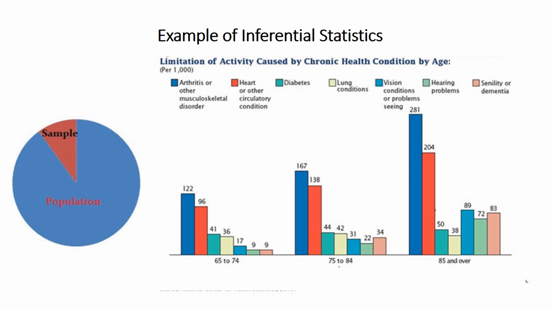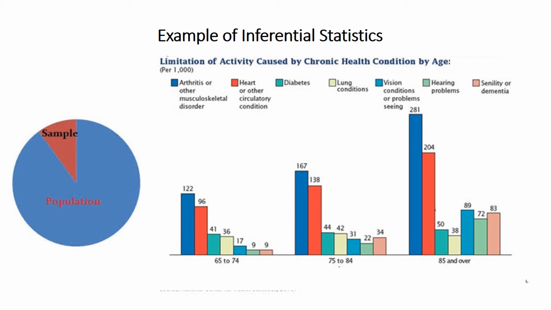Being able to get up in the morning, getting dressed on your own, being able to feed yourself. And there are chronic health conditions which can affect a lot of these. For example, arthritis does literally make it difficult to get up, heart problems, diabetes, lung conditions, vision conditions, hearing problems, and then even dementia.